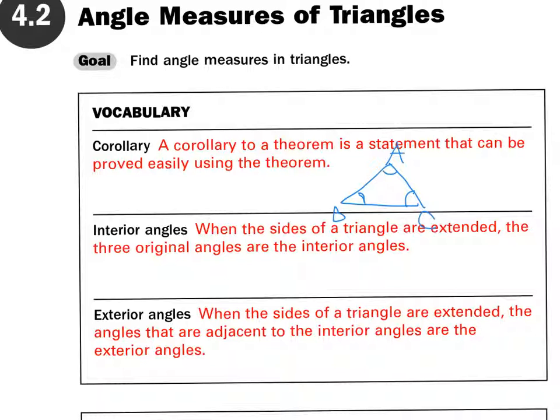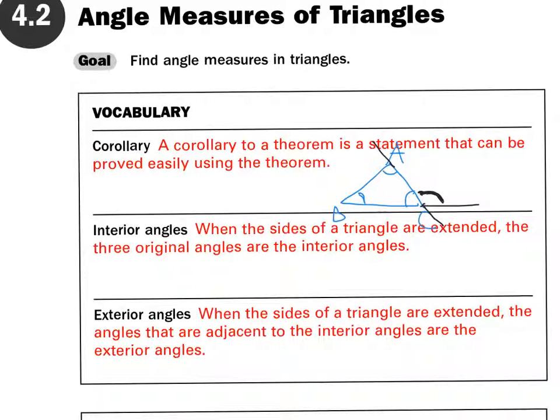Now, if I extend one of the sides, any of these three sides can be extended, right? You can even extend that line AC on both sides. Once I extend it, you notice that my black ink covers an angle that's outside the triangle.